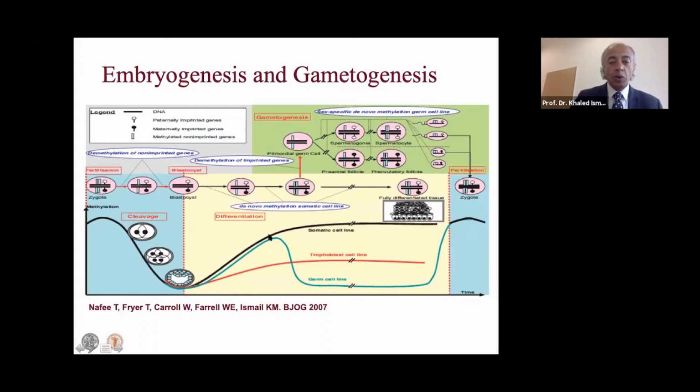This applies to somatic cells. Germ cell lines have a different mechanism of demethylation and remethylation. I'm not going to go into the details of this, it's not relevant to our talk, but this happens actually at the time of the development of the gametes, so whether they're sperms or ova, the process of demethylation and remethylation happens at that time.